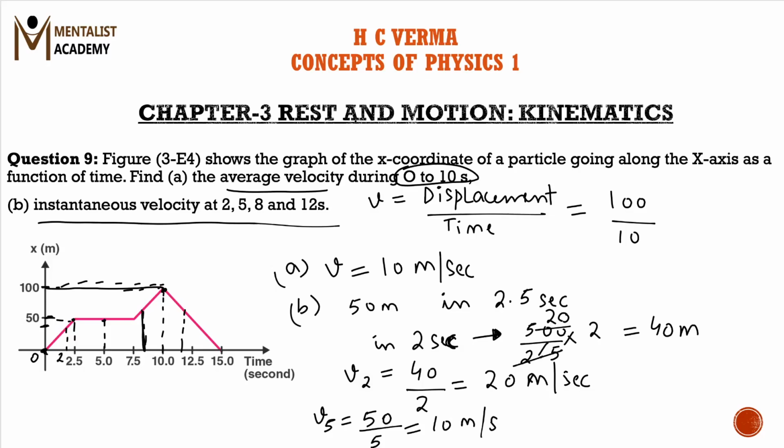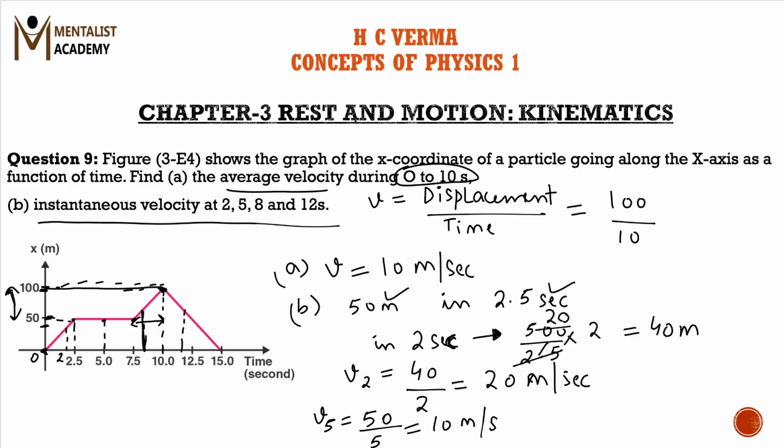The instantaneous velocity at 8 seconds would be, so for that we need to see the particle at 7.5 is at 50 and the particle at 10 is at 100. So therefore we can see that the particle moves 50 meters in how much time? 2.5 seconds. So again, the particle moves 50 meters in 2.5 seconds.